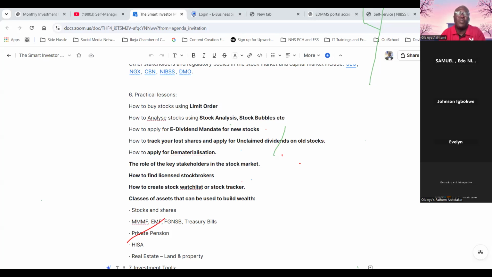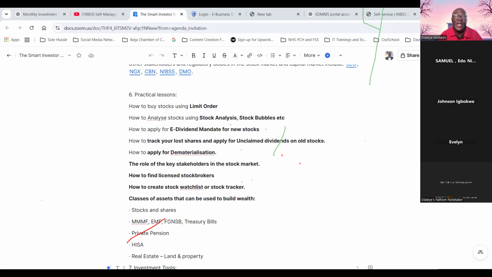Are you talking of companies who no longer have their stocks on the NGX? Yes, sir. Okay. Usually, if a stock leaves the NGX, sometimes it might be because a bigger company bought them or they merged with another company. So what you then need to do is find out which company they merged with. And it's very easy to find out.